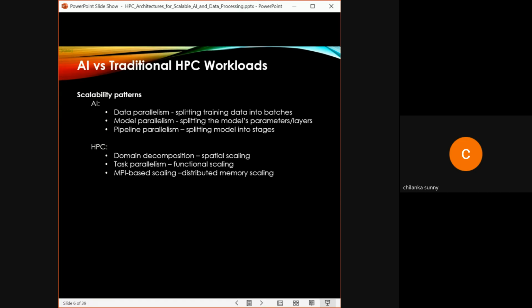So as I summarize, we can say that in AI, parallelism is structured around how to split the model and data to exploit the GPU clusters. Whereas in HPC, the parallelism is structured around how to split the problem's domain and synchronize through MPI across distributed nodes.